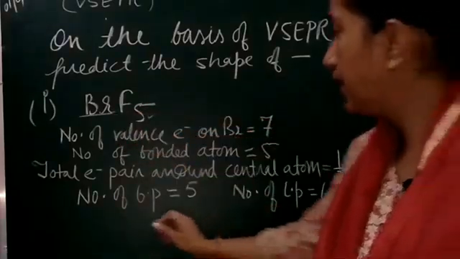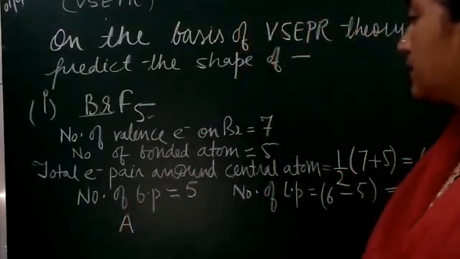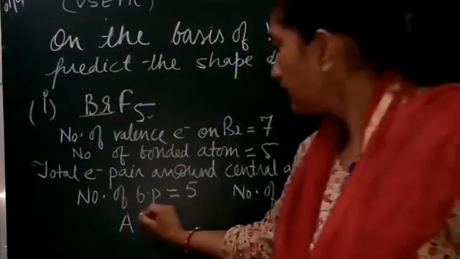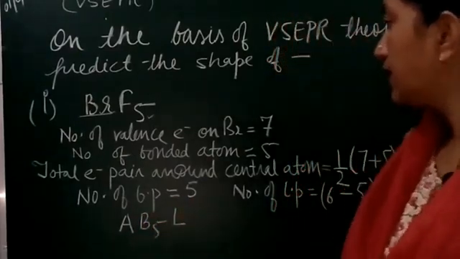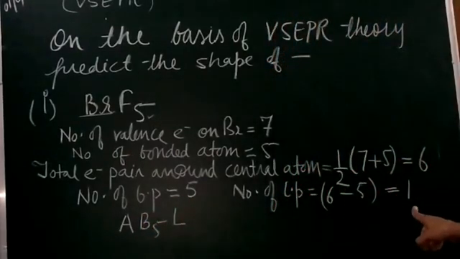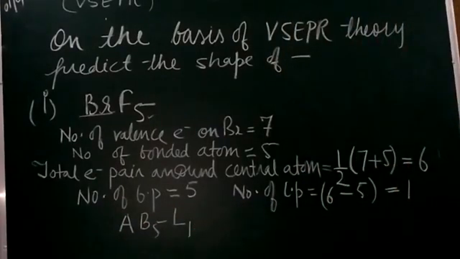Here the central atom is A. Bond pairs is how much, students? It is 5, and it has one lone pair, so it is AB5L1 type, right? So total electron pairs is 6.